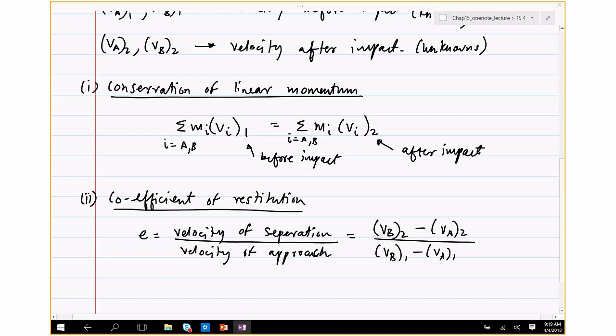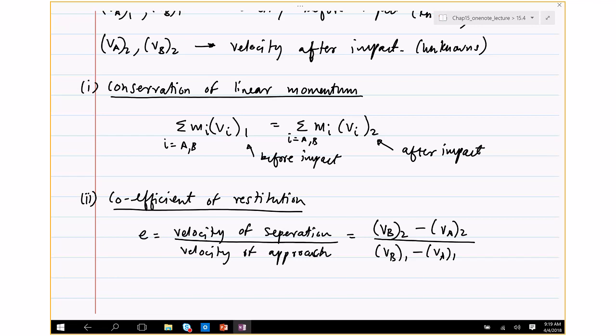Okay, so everything above is velocities after impact because of the two. Everything below is velocities before impact. That's why it's called velocity of approach. It's the difference in velocities of B and A.